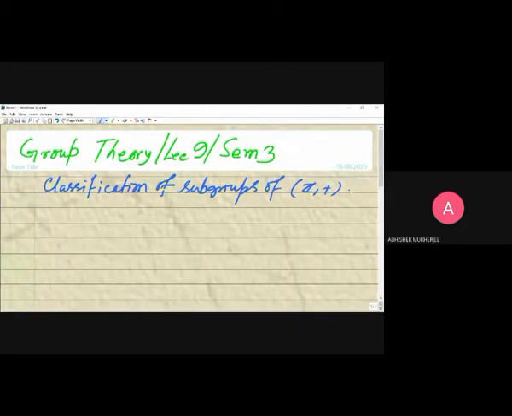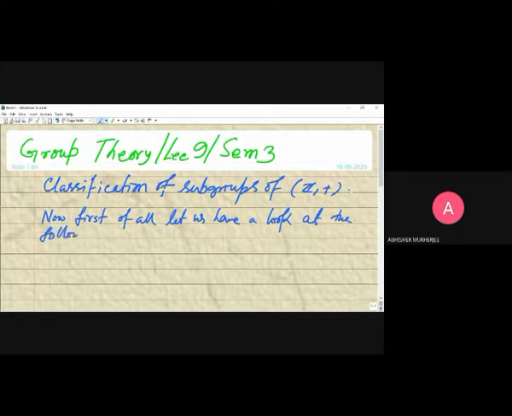Okay, so let us start with the classification of subgroups of Z plus. That means we are to determine what are the subgroups of Z plus. Now, first of all, let us have a look at the following subsets.